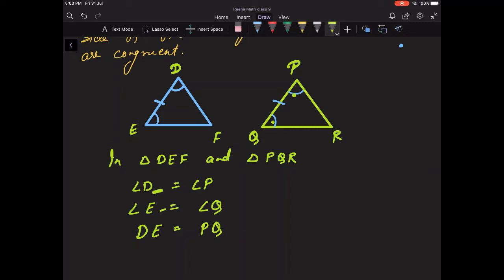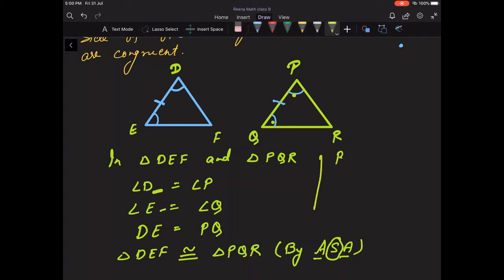If this is happening, we say triangle DEF is congruent to triangle PQR by ASA. Two angles and the side included. So these two triangles are congruent. Now we can apply CPCT.